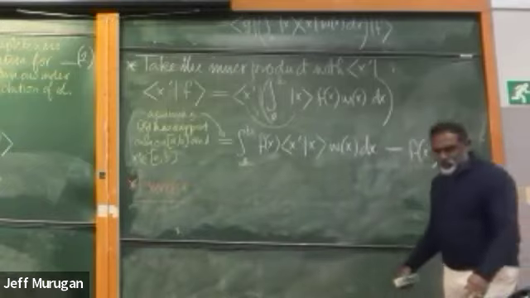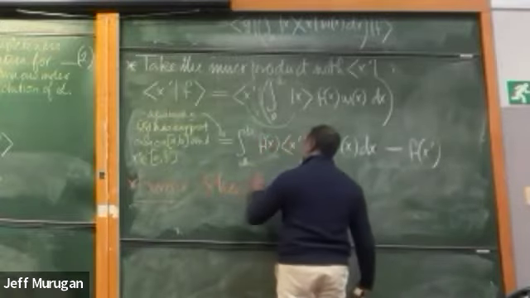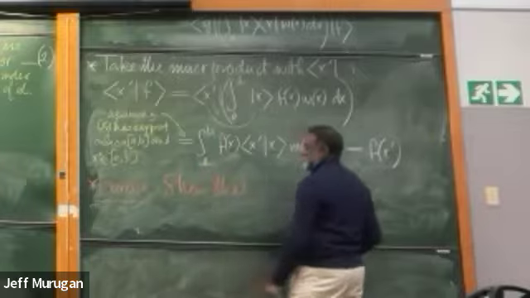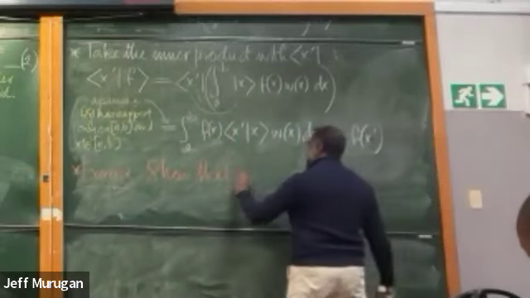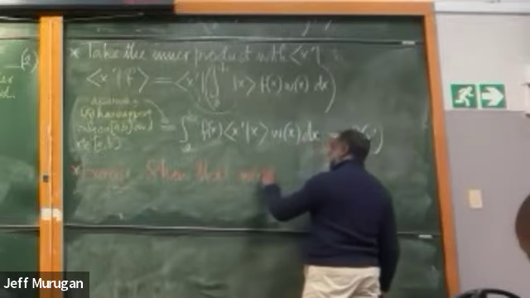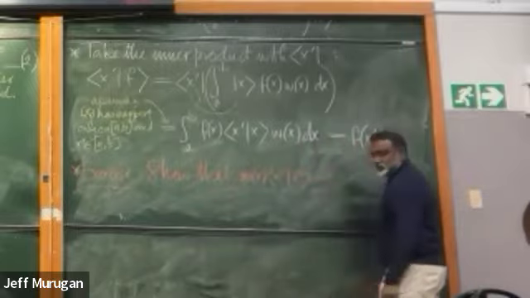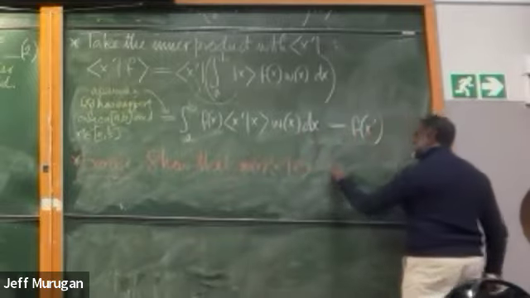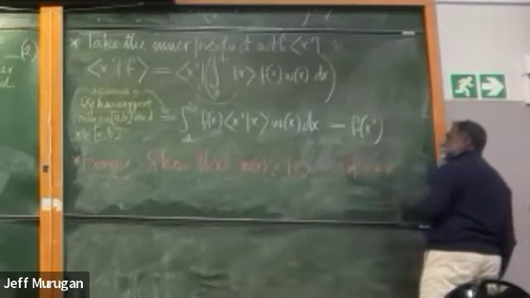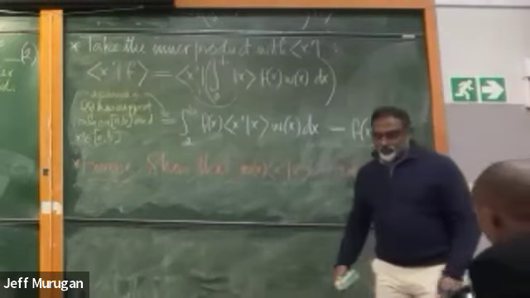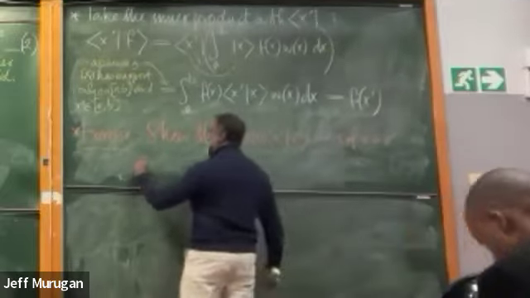So I want you guys to show that W of X prime inner product X is equal to 0 if X is not equal to X prime, and it's equal to infinity when X is equal to X prime.